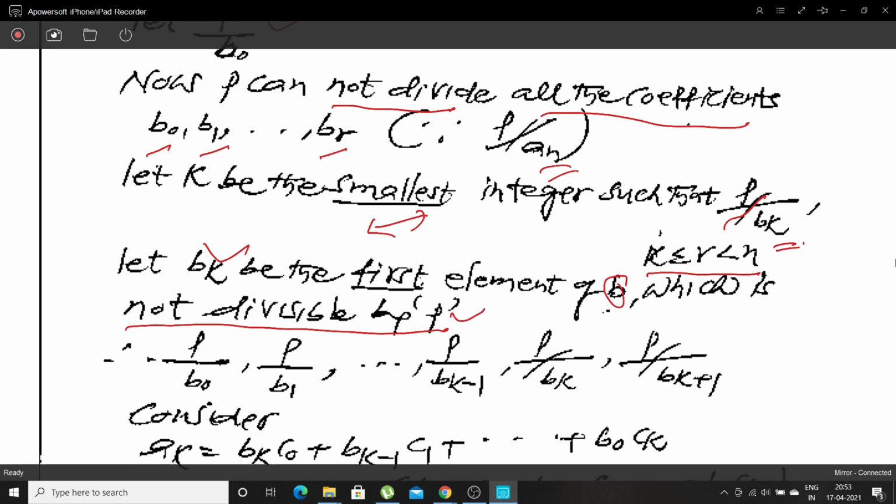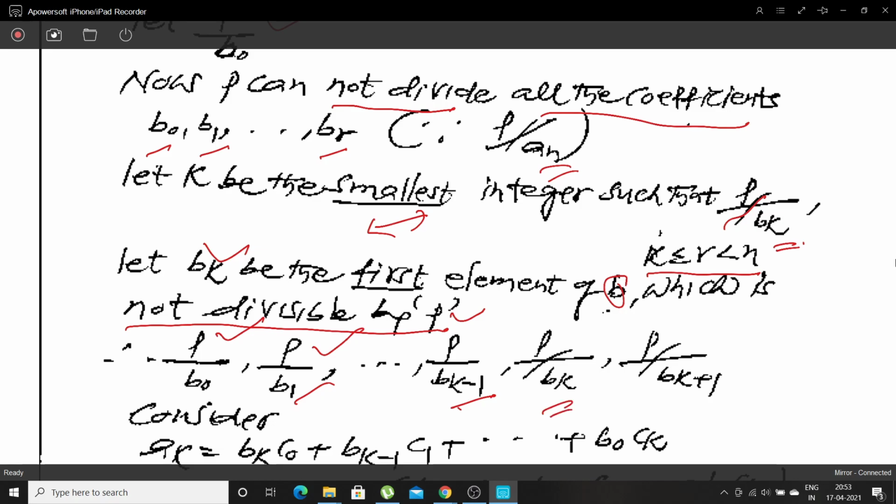That means p divides b0. Putting it in mathematical form, p divides b0, p divides b1, p divides bk minus 1, except p does not divide bk.